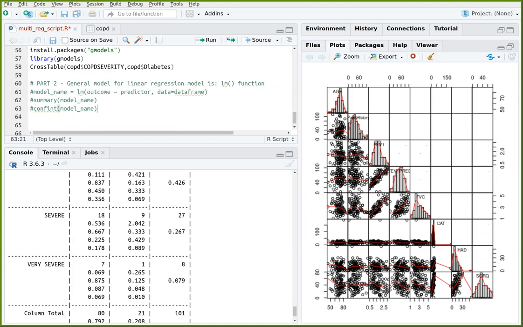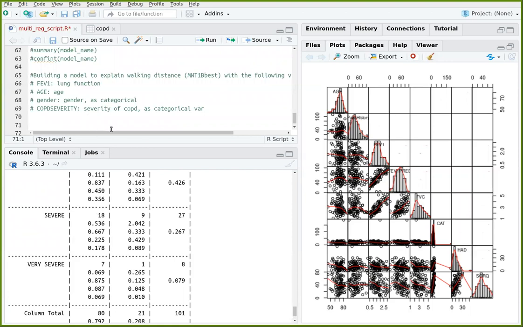Let's focus on a model that is going to explain walking distance, because we have this in the data. So we're going to build a model to explain walking distance with the following predictor variables here. And note the importance that the outcome or dependent variable is continuous. We have to have an outcome variable that is continuous for linear regression.